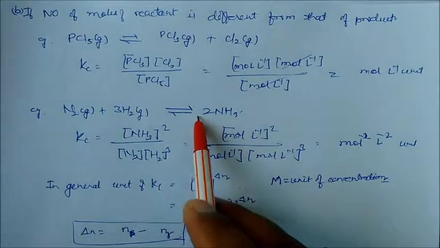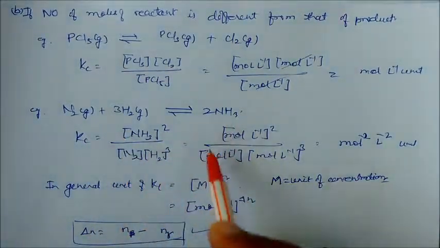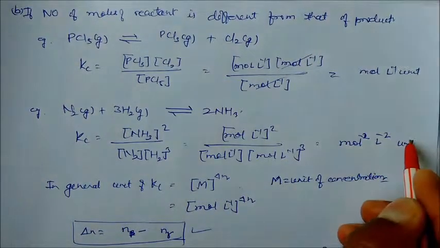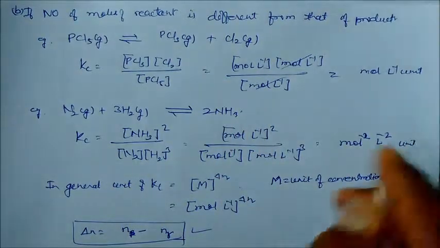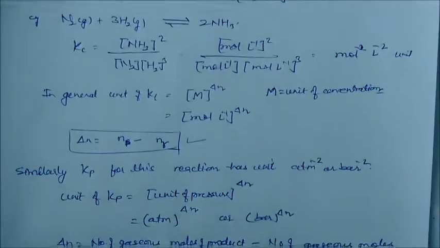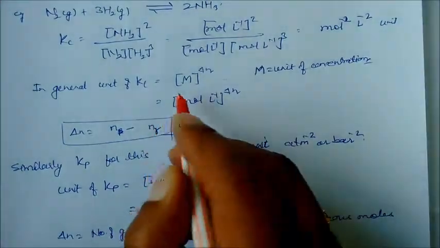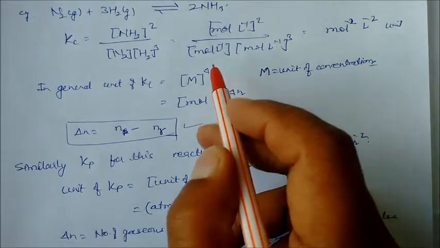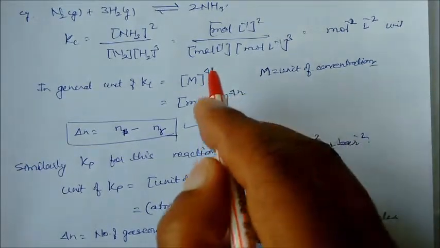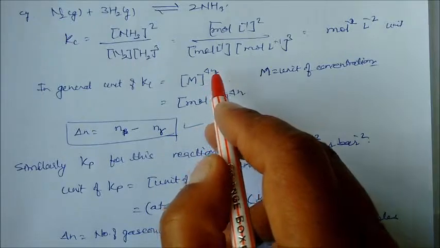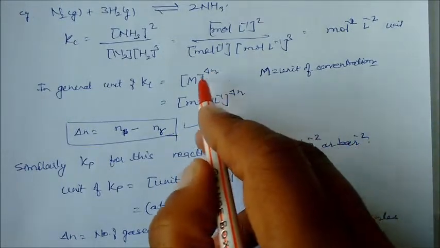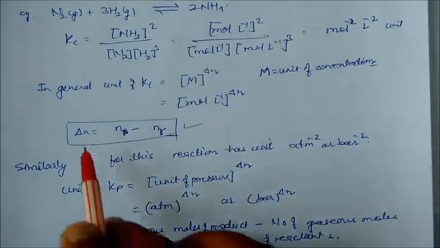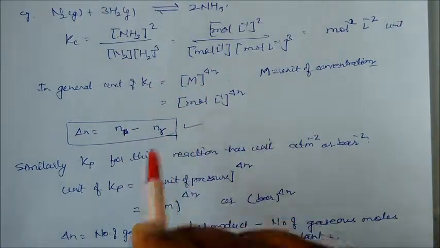Similarly, in the case of ammonia, write the Kc expression first and work out the whole unit, which gives per mole square per liter square. In general we can write the unit of Kc as concentration raised to the power delta n, where delta n is the moles of product minus the moles of reactant. It can be negative, positive or zero.